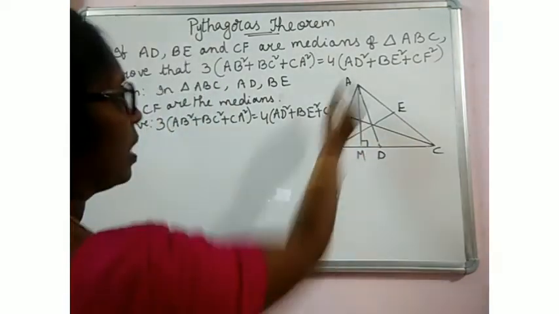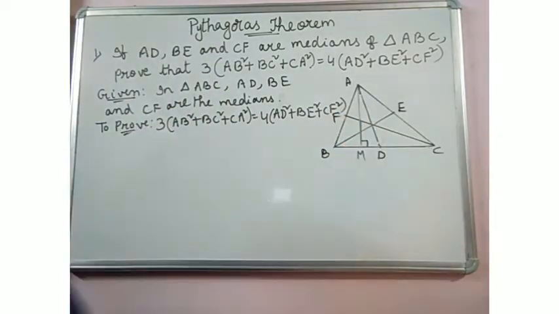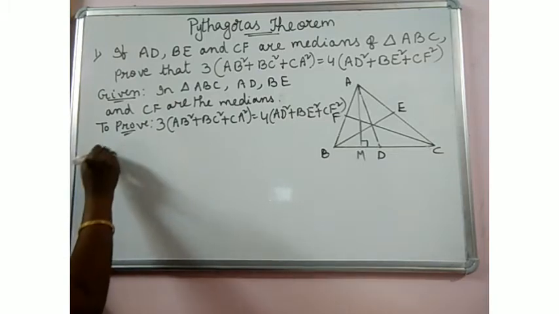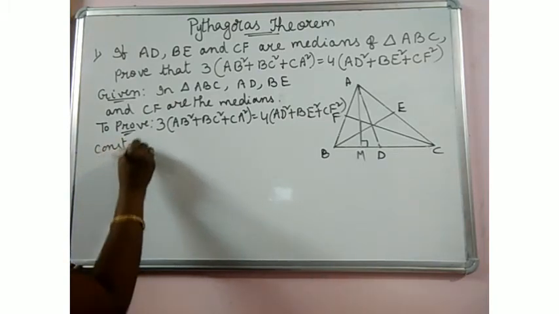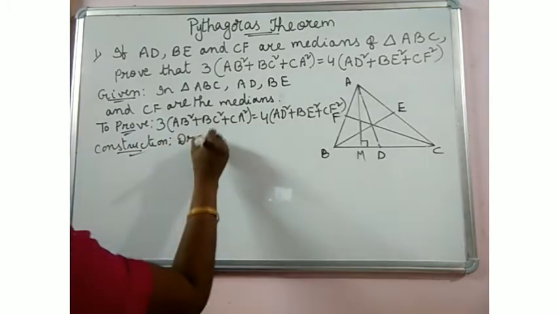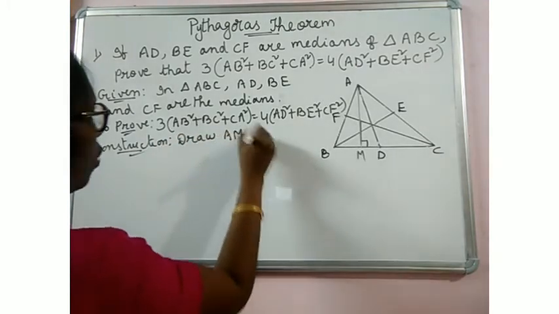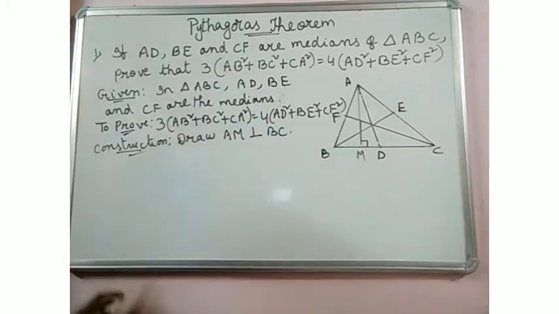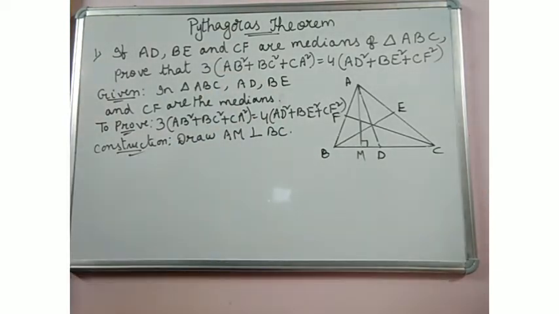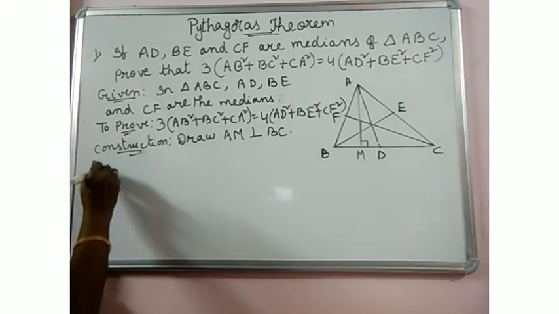Any letter you want you can take. Let me take AM. So the construction step is: construct or draw AM perpendicular to BC. Okay. So, let us see how to prove it. Now comes the proof step.